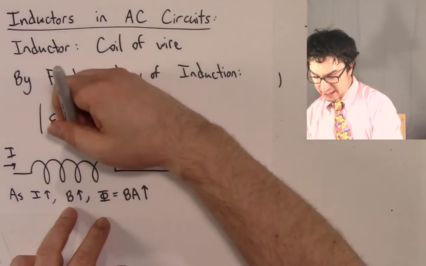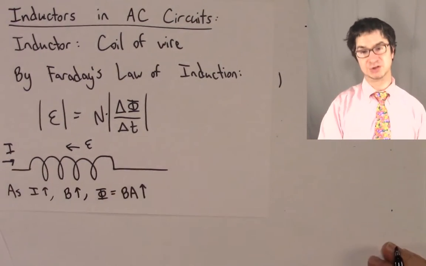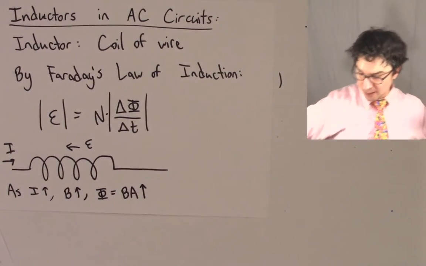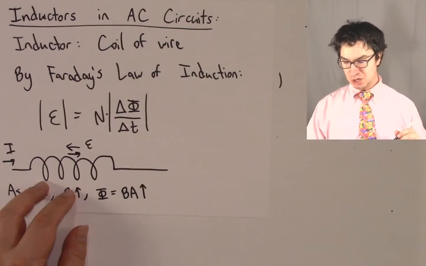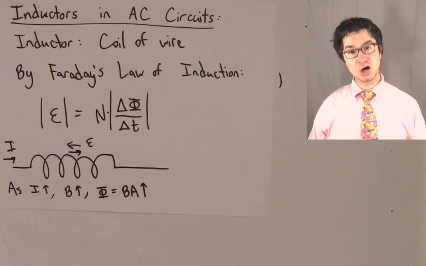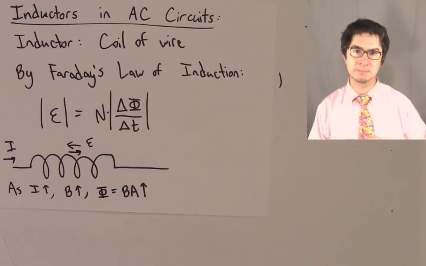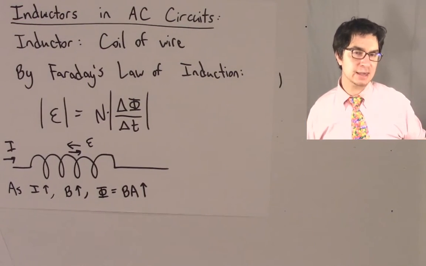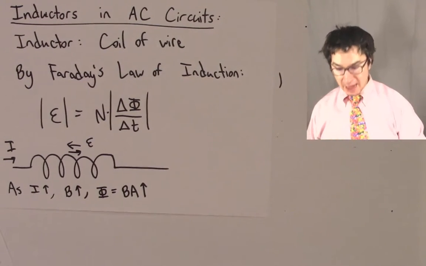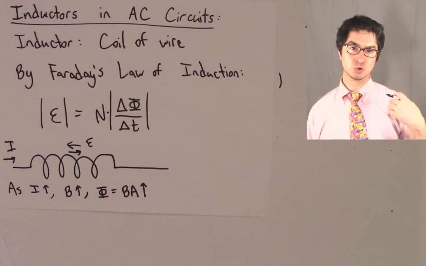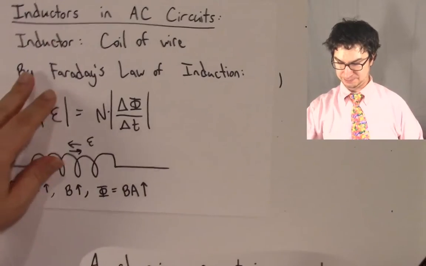So the back EMF is going to be pointing in the other direction as the current increases in this direction. But then when the current starts going back the other way, the EMF is going to be generated in the other direction. So this inductor is going to be experiencing this back EMF, which is pushing back and forth. Because it's a back EMF, it's always opposing the EMF that's trying to push the current forward. And that means it's going to provide its own little resistance. Okay? And a nice way to summarize this is like this.